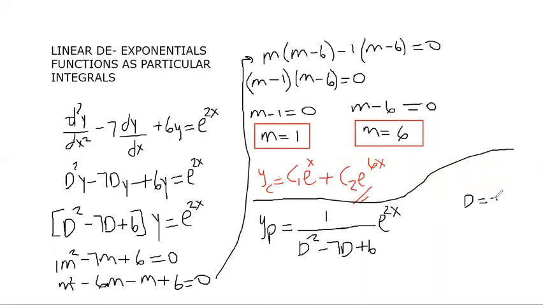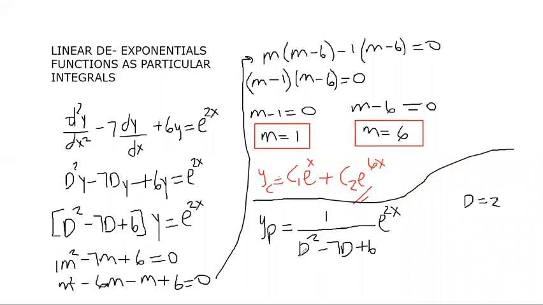So D is equal to 2. If this was e to the 3x, you'd say D is equal to 3. However, in this case, it's equal to 2. So that's what we're going to do, a direct substitution.